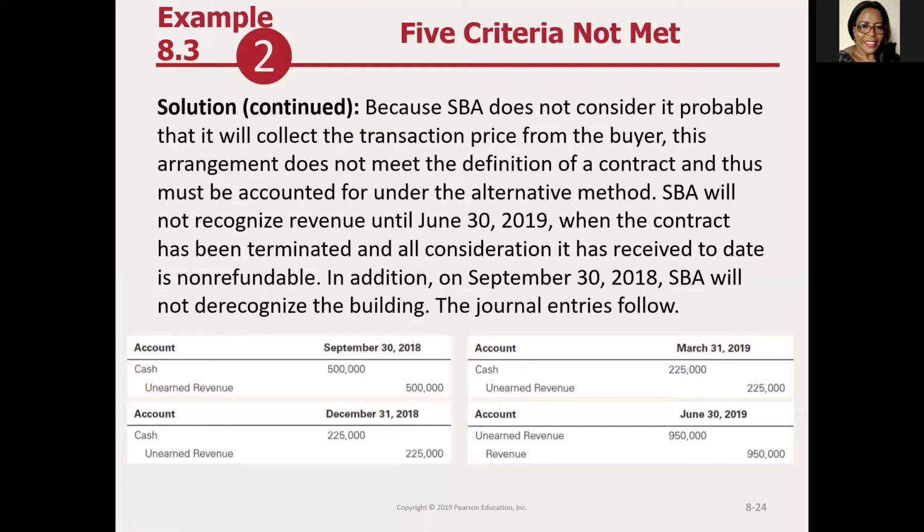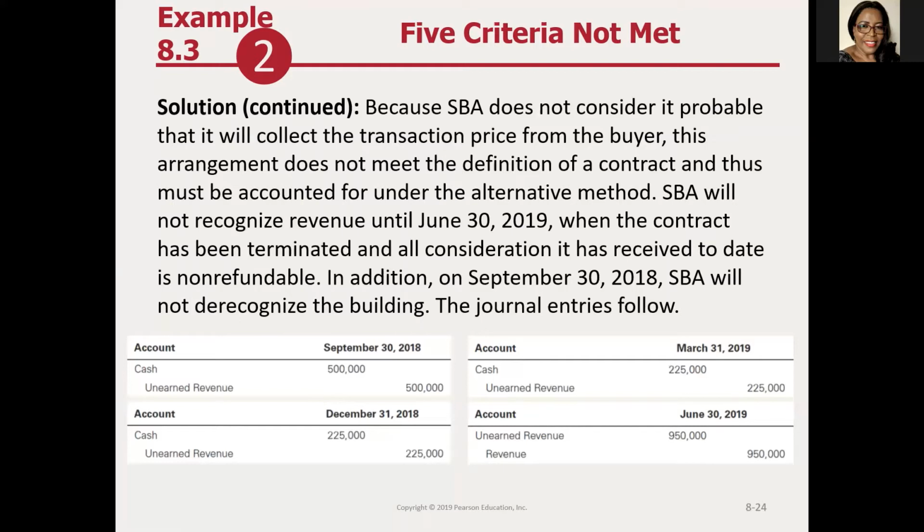So the journal entries are what you see here. On September 30th, 2018, SBA debits cash, unearned revenue is credited. On December 31st, 2018, a debit to cash for $225, that's our first payment, and unearned revenue $225.